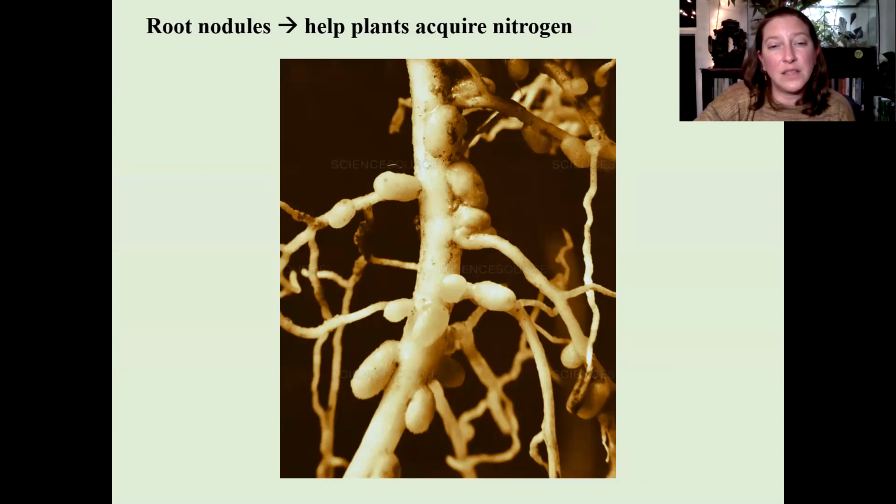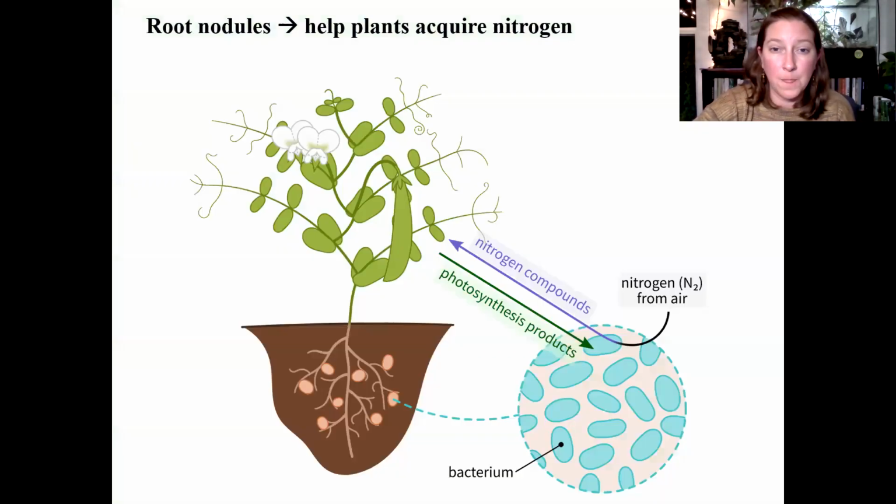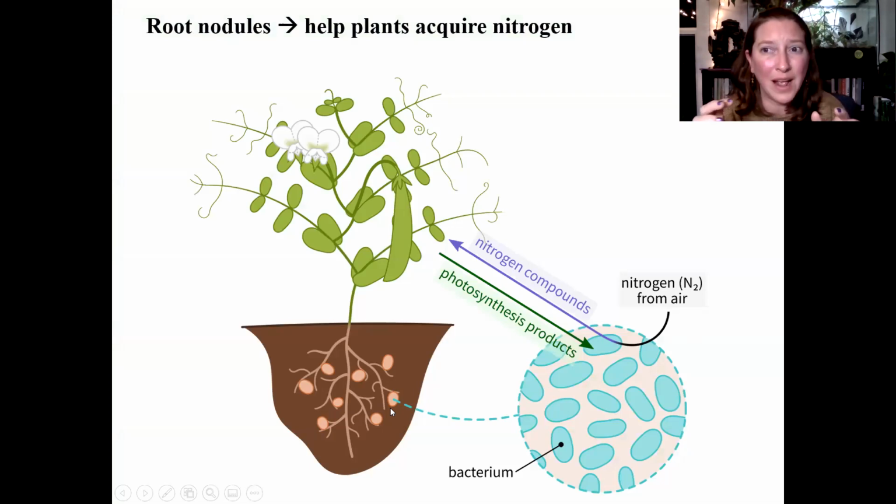Some roots have these little nodules, these little things that house bacteria, and the bacteria that live inside of those little knobs help the plants acquire nitrogen. So basically the plant's like growing apartments for bacteria.